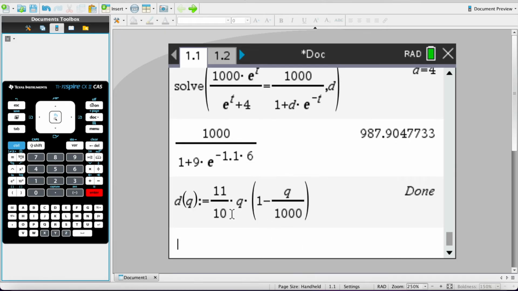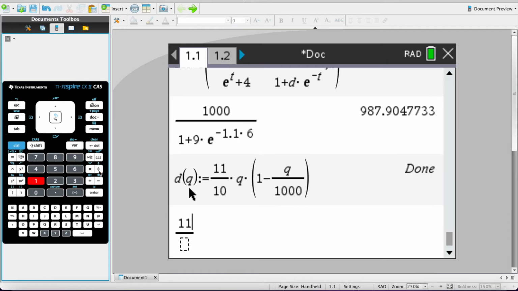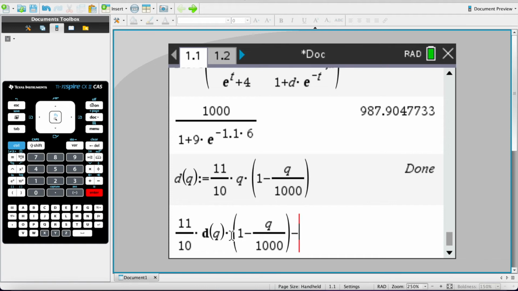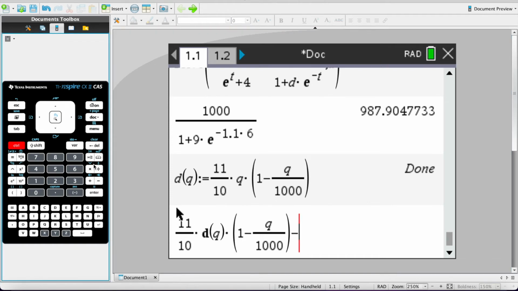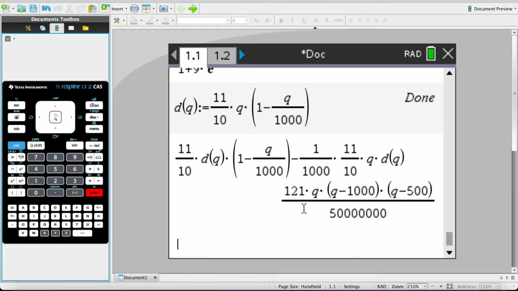Now we said that our d squared Q was 11 on 10 times dQ dt, so times d of Q, times this thing here, then minus 1 on 1000 times 11 on 10, and then times Q, and times d of Q. Alrighty, that looks rubbish, but I'm just gonna go with it.